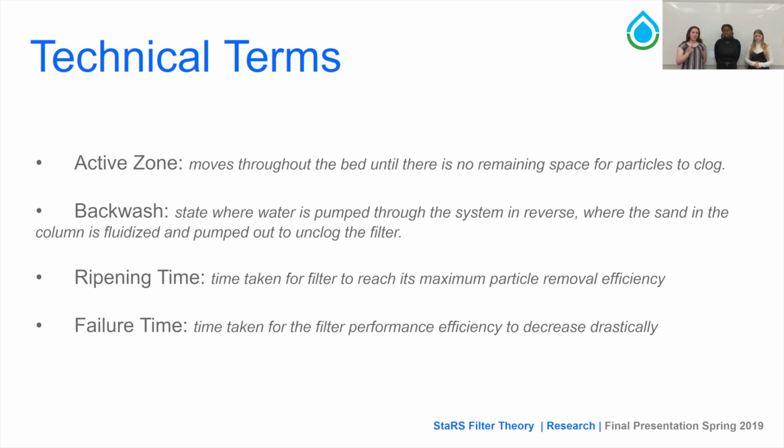Ripening time is the time at the very beginning of filtration when the effluent turbidity is really high, and after less than an hour it goes down to the minimum effluent turbidity. Failure time is the time in which the filter fails, when the active zone reaches the bottom of the sand bed. So we want to maximize failure time so that we backwash the least number of times.